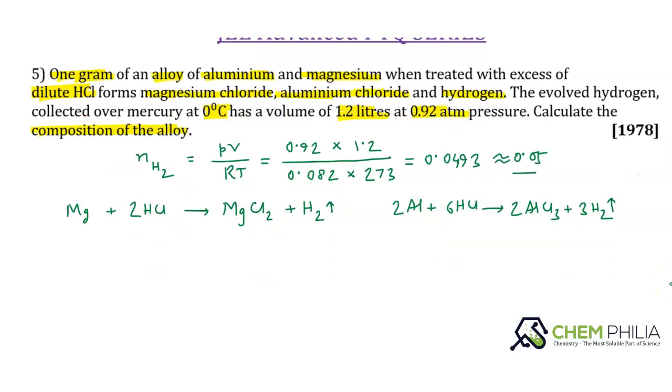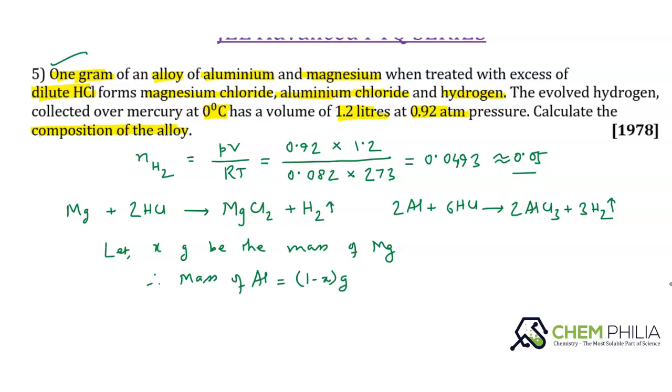Now the total mass of the alloy was 1 gram, and that contains aluminium and magnesium. So let x gram be the mass of magnesium, therefore mass of aluminium is 1 minus x gram, right?